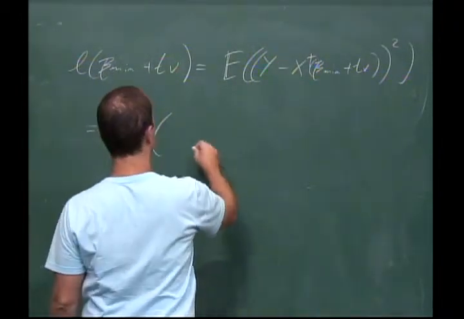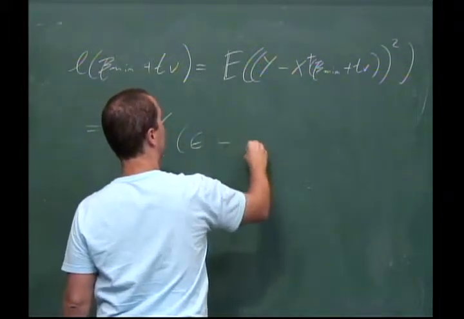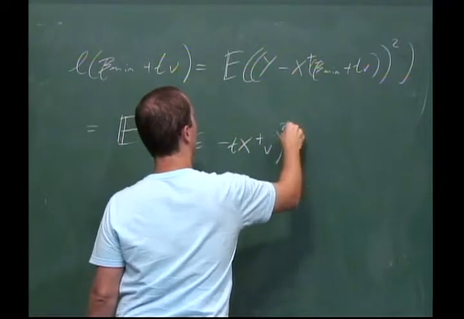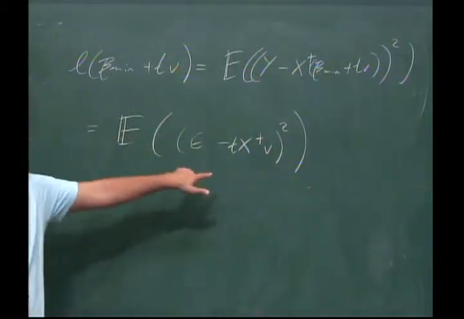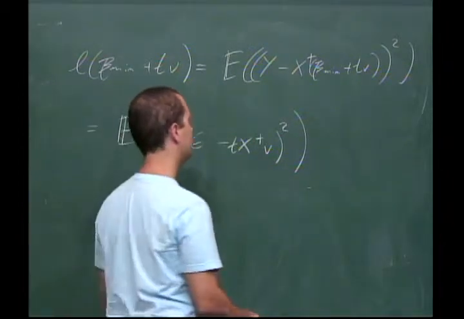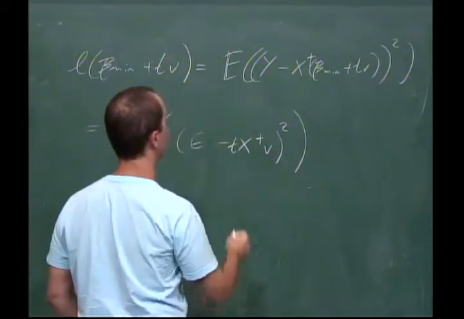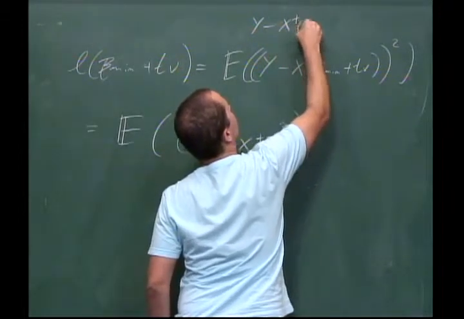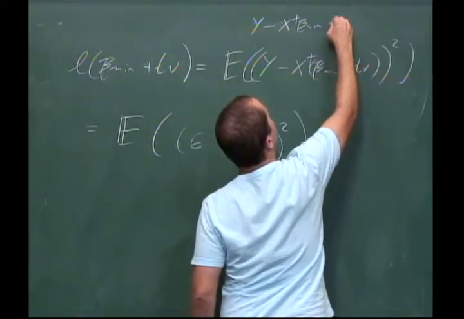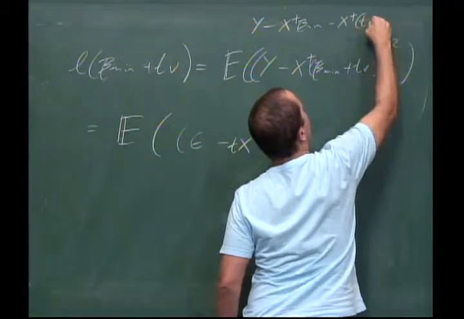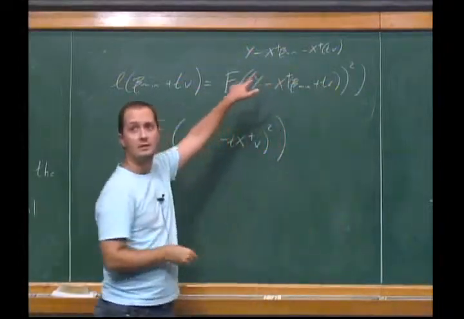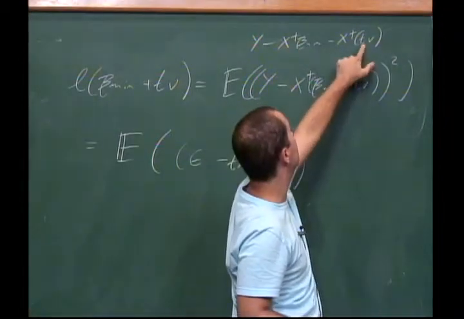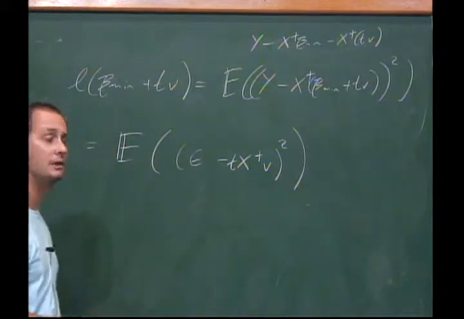So we're going to get the expectation of epsilon minus t times the inner product of x and v, squared. Can everybody see why this is true? The notation can be a bit confusing, but this thing here is just y minus x transpose beta min minus x transpose t times v. And this is the epsilon. So epsilon minus this, and the scalar moves outside.